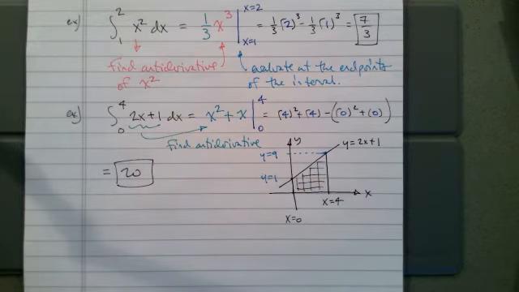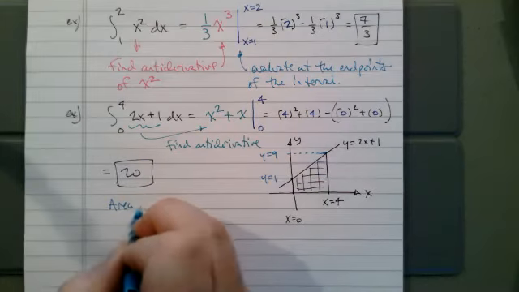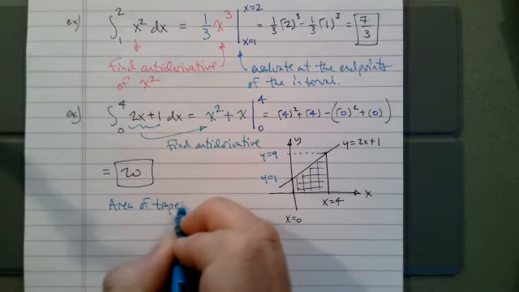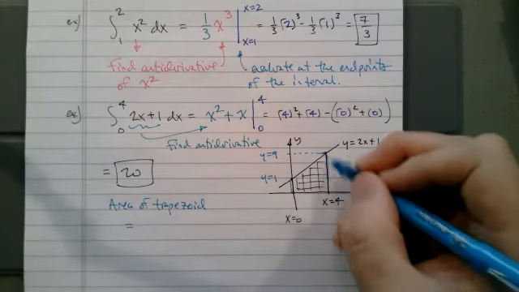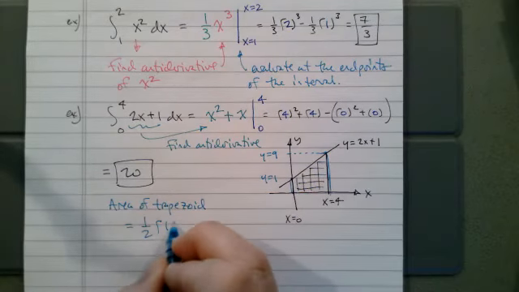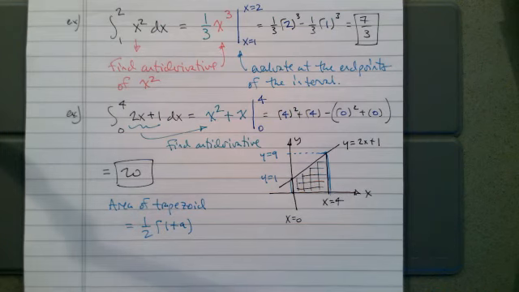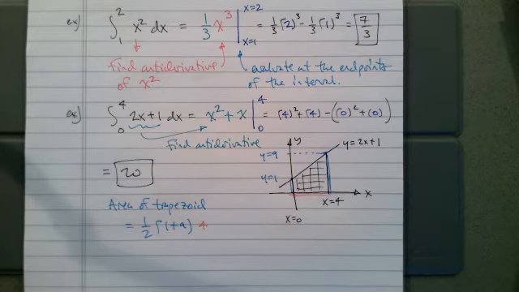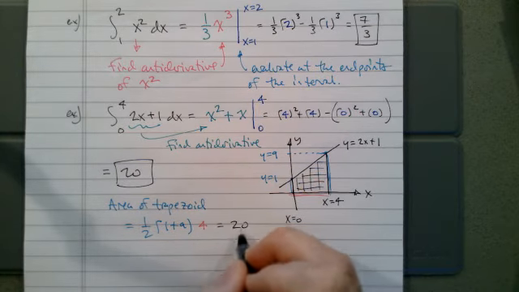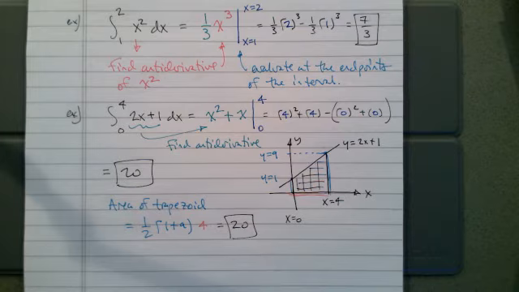So the area of the trapezoid is the average of the two heights times the width, or the base, and that's equal to 20. Just like we got from the integral. Any questions?